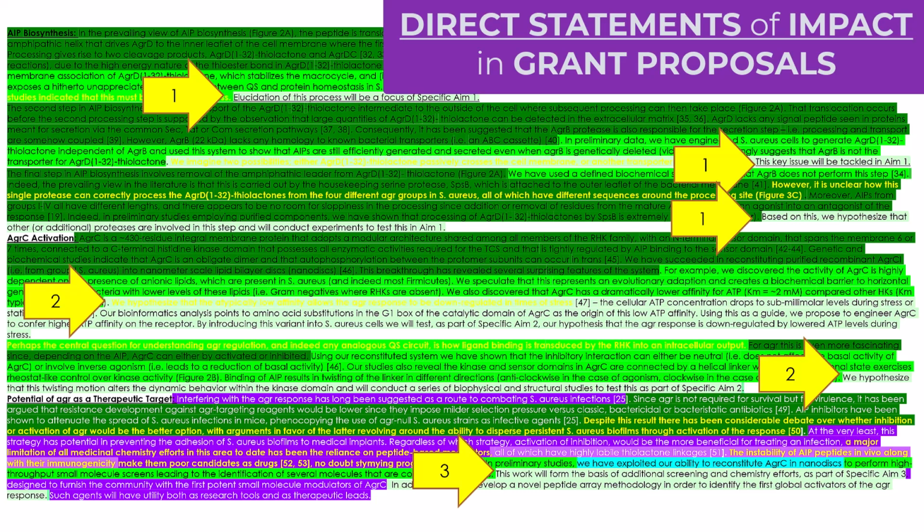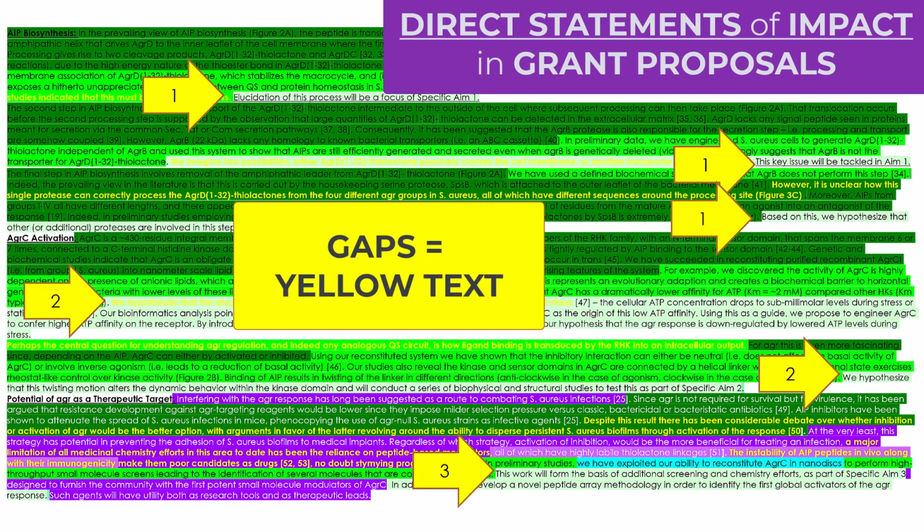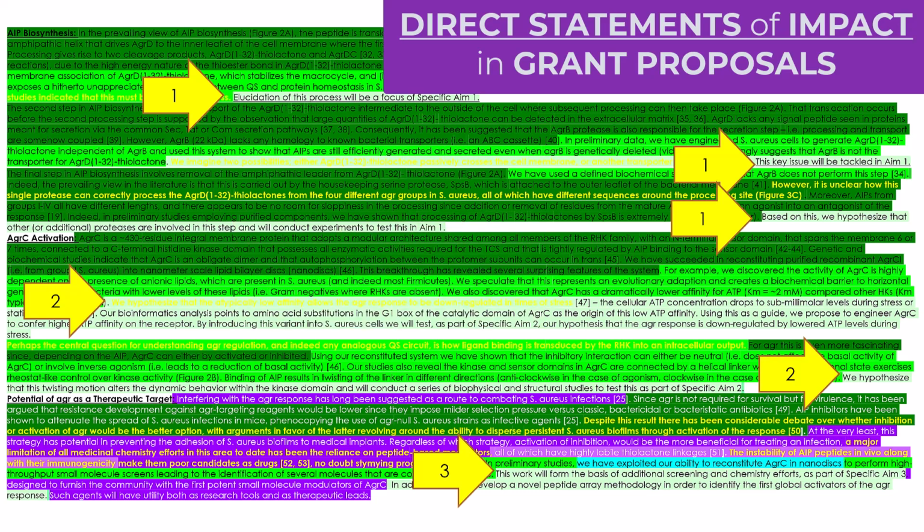So check out this introduction of a grant proposal. I want you to look at what happens after every single statement of a research gap here. Note, every single statement of a research gap is followed immediately by a little bit of text telling the reader where in the proposal this work is going to be addressed.